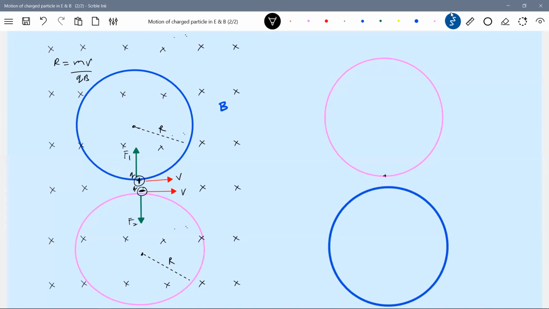This is the negative charged particle, and this is the positive charged particle. Here it is given velocity v. This is given velocity v. And the negative charged particle is given velocity v like this. So analyze it now. Everywhere the force is into the plane.